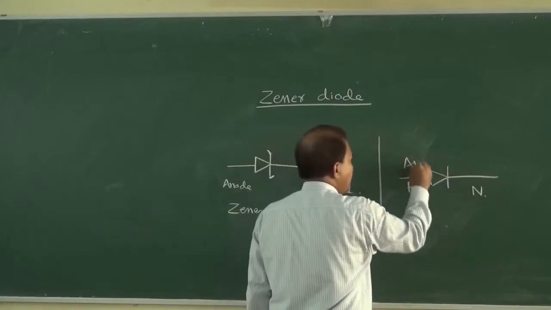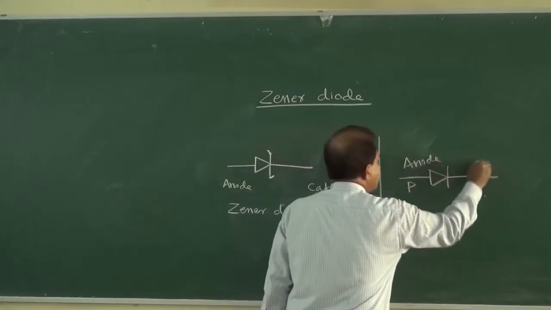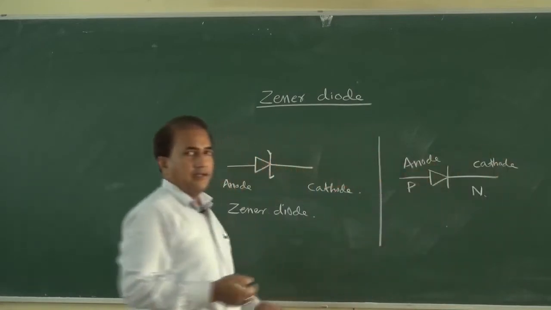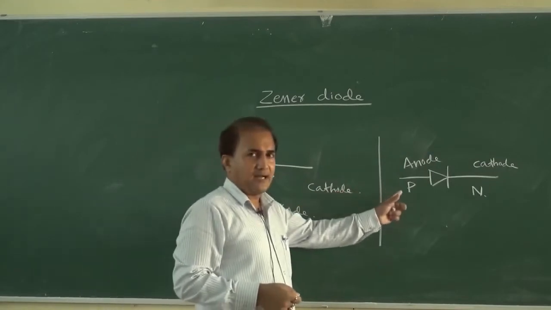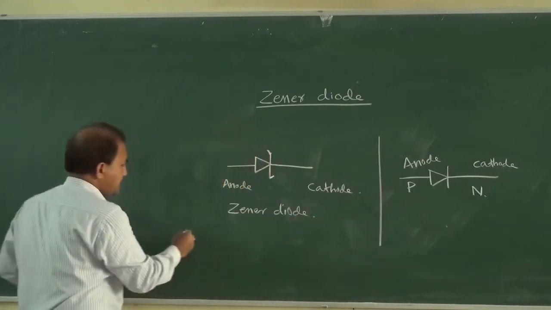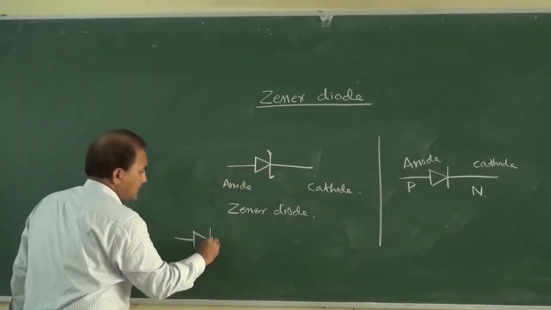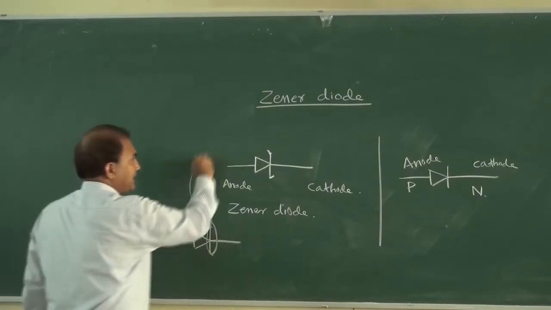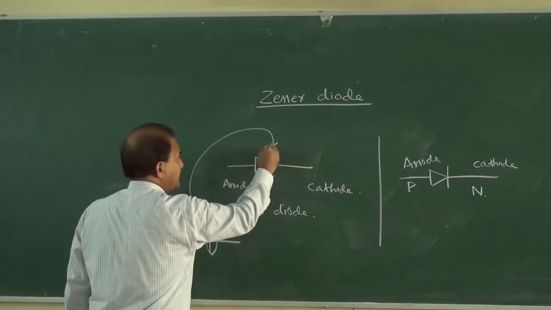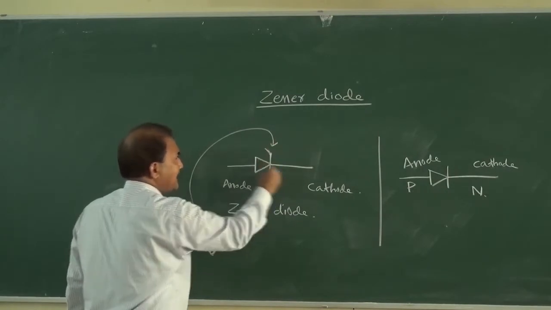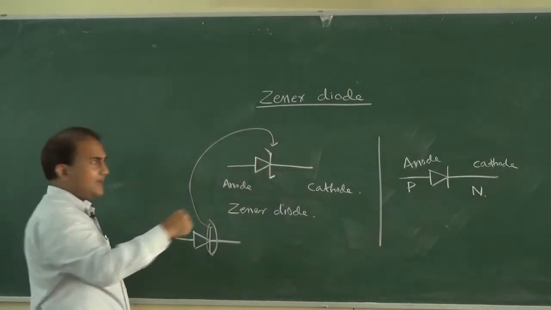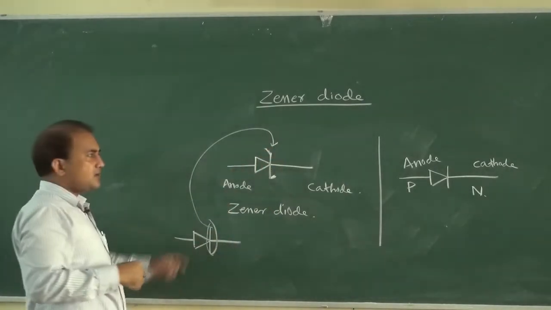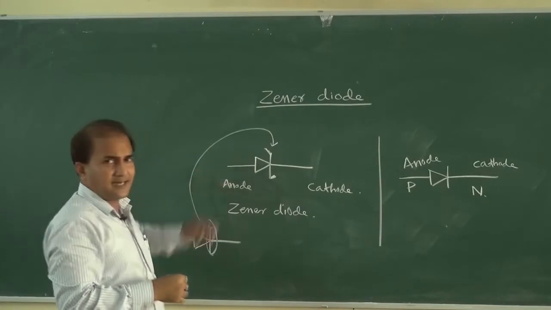This is anode and this is cathode. In a normal PN junction diode this is a bar, and in the case of Zener diode it is replaced with a symbol like Z, like this. So this is the symbol of Zener diode.